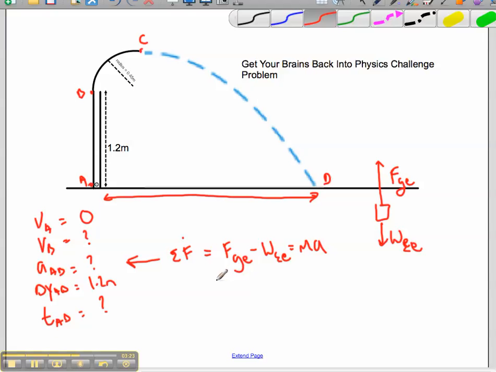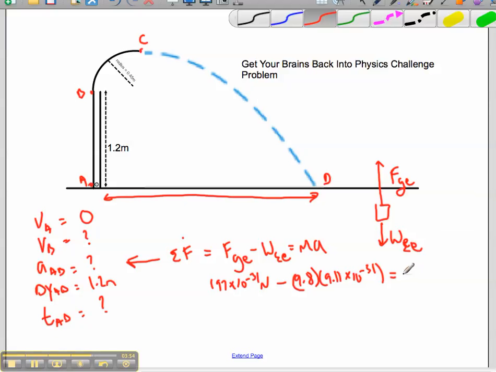Do some substituting here. This is given as 1.97 times 10 to the negative 31 newtons. And this is going to be g times m, or 9.8 times the mass of the electron, 9.11 times 10 to the negative 31.